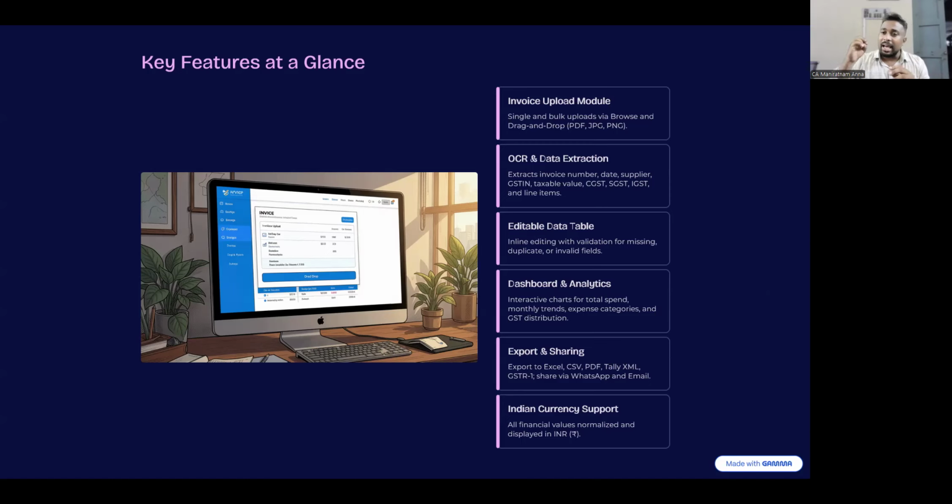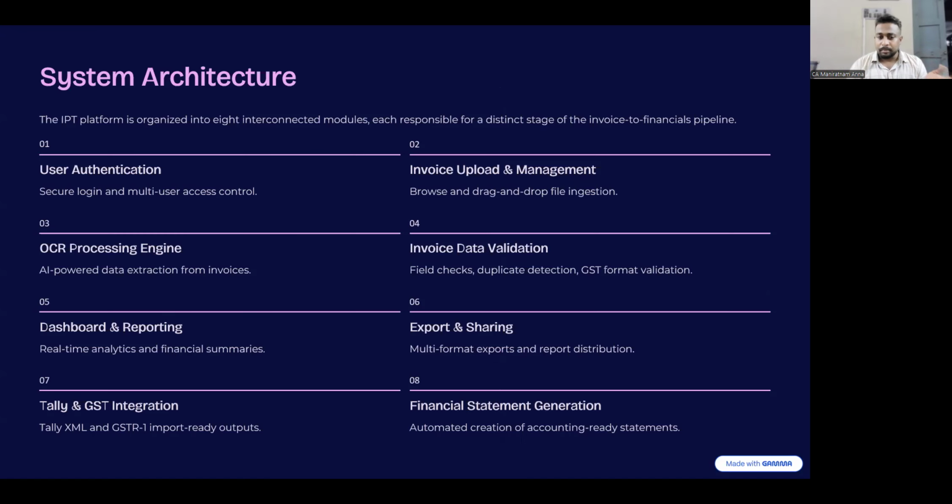If in the worst case there is an error, you can edit that. Dashboard and analytics show the total sales value, taxable value, invoice value, and the GST amount you have to pay. And export and sharing: as I said earlier, you can share the data in different modes and formats. The currency support, as of now, is the Indian currency system. So I aim to support Indian accountants and chartered accountants with this app.